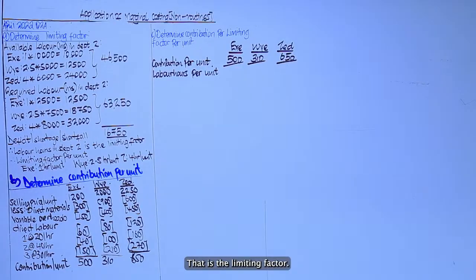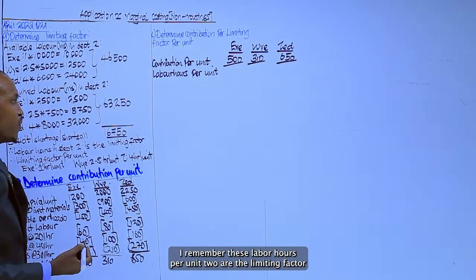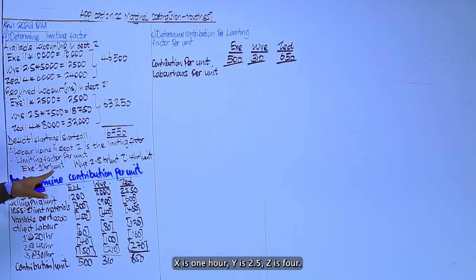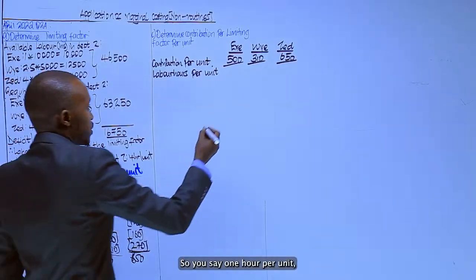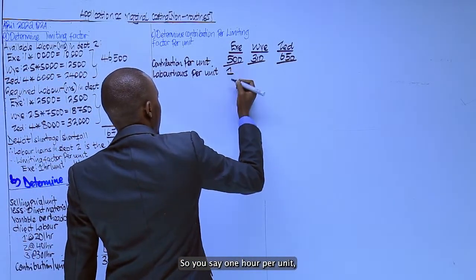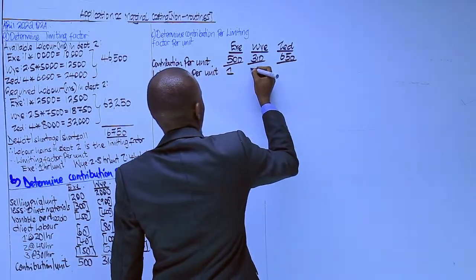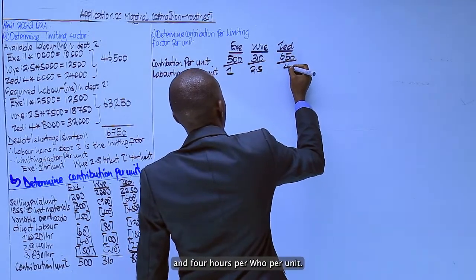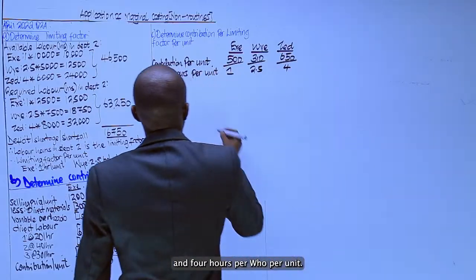That is the limiting factor. Remember, these labor hours per unit are the limiting factor. X is 1 hour, Y is 2.5, Z is 4. So you say 1 hour per unit, 2.5 hours per unit, and 4 hours per unit.